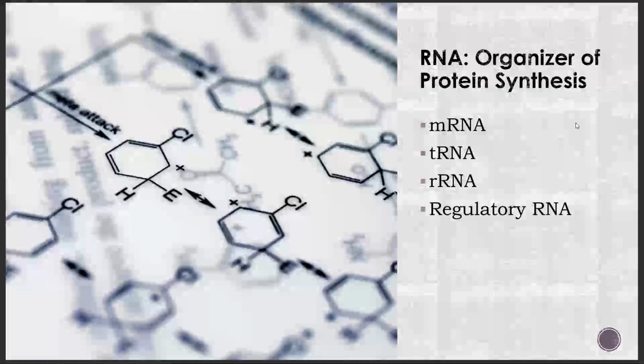This is going to be the RNA that's bringing in the amino acid. And rRNA, the ribosomal RNA, helps bring the ribosomes in and forms the ribosomal catalytic site to actually make the protein. And then we have all those regulatory RNAs that I mentioned before, long non-coding, short interfering, short hairpin, microRNAs that are regulating how much protein we're making, how long the RNA hangs around, things like that.